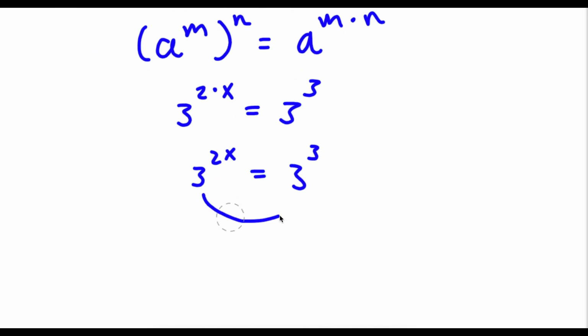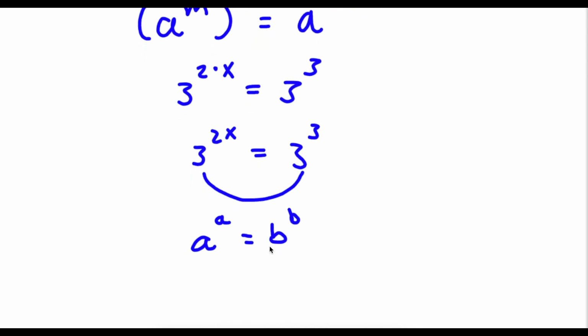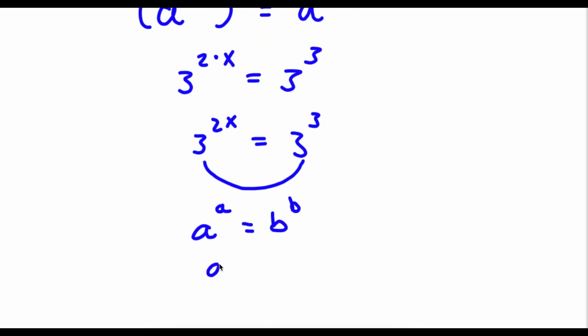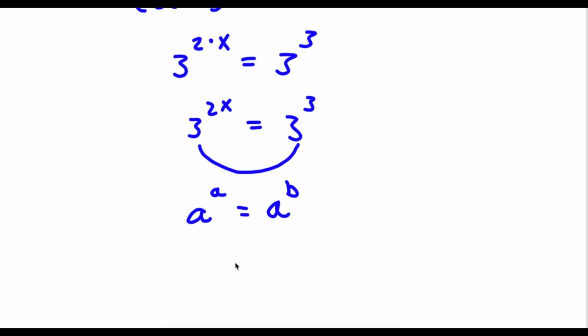Now, if you notice, both of these have the same base. Both of these bases are 3. And if I have something in the form a to the power of c is equal to a to the power of m, this means that c is equal to m.